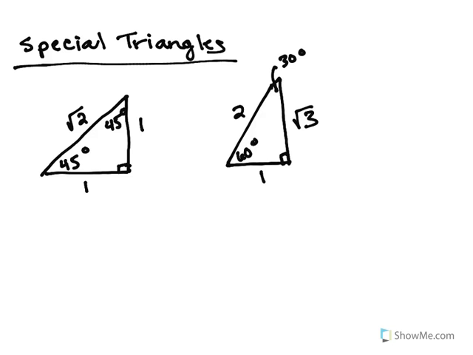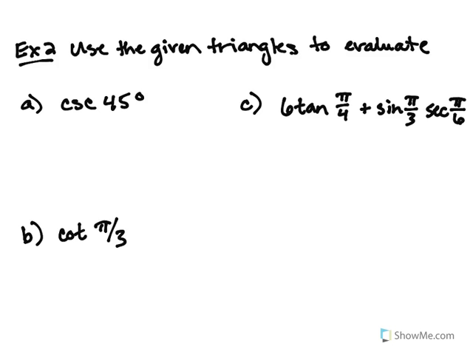We're going to find some trig functions using these special ones. Now, honestly, if you asked me to find these things, I could find them all off of the unit circle without having to use these special triangles.